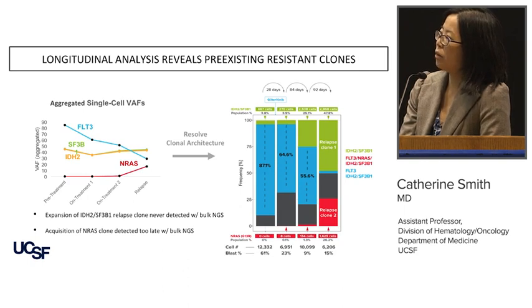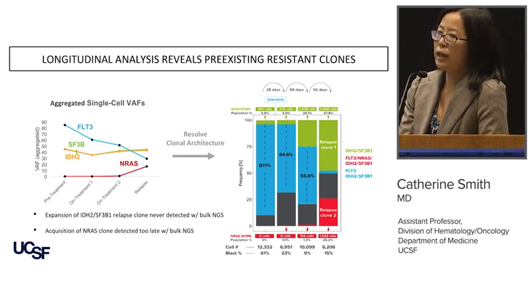One is that you cannot resolve that there is a cellular population that is clearly not FLT3 dependent, this SF3B1 IDH2 population, which basically is represented by stable variant allele frequencies throughout the course of treatment. But when you look at the single cell sequencing, you can see clear selection for this relapse clone that is non-FLT3 driven.